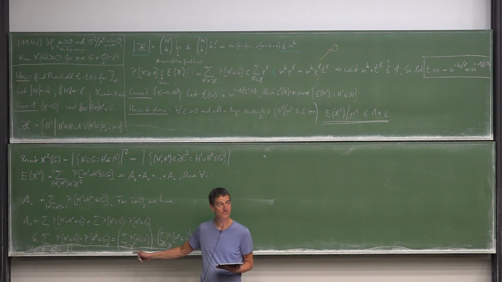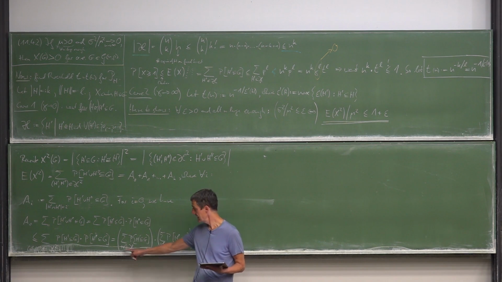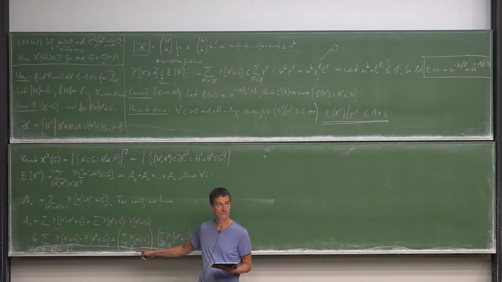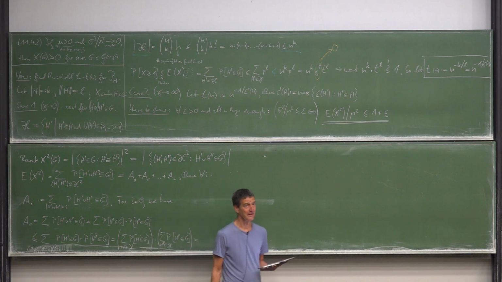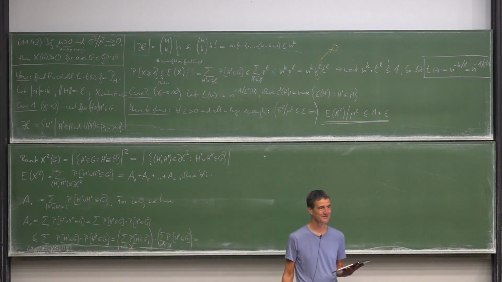Well, think of the original matrix. For every H prime, we have a row. And we're summing the measure of those G that contain this particular H prime, and now we're summing over all those rows.